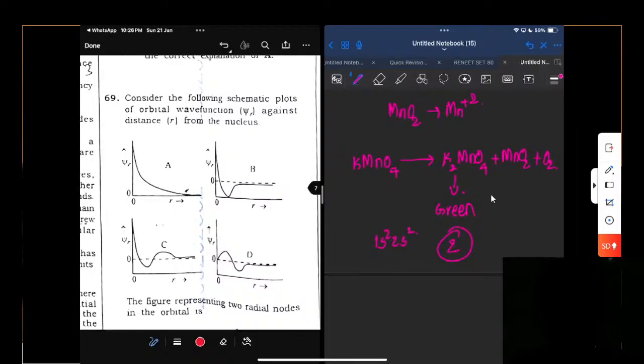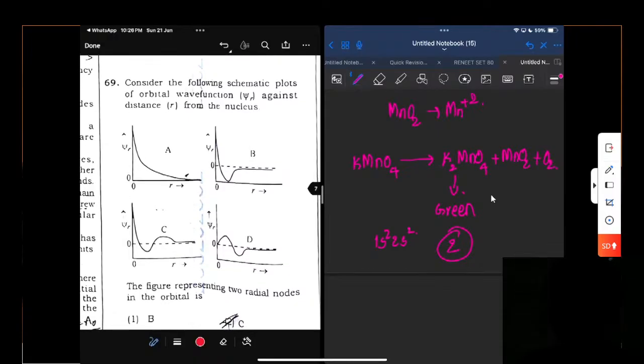Consider the following schematic plots of orbital wave function, psi(r), against distance r from the nucleus. The figure representing two radial nodes in the orbital is... What is meant by radial node? When the wave function becomes 0, that is called a radial node.